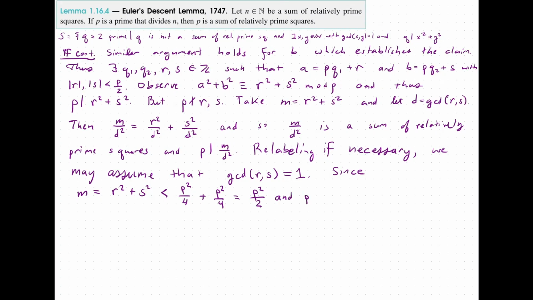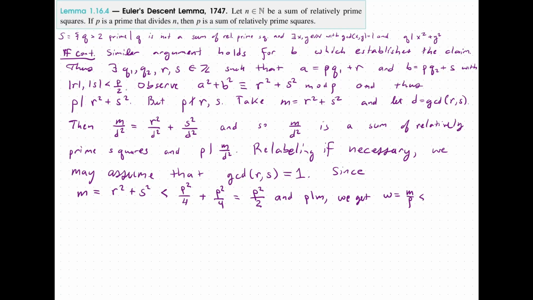And P divides M. And so here is where the fun begins for the proof, and how everything ties in to get the desired conclusion for the descent lemma. We're going to look now at W, which is M over P. And the way we construct it, and this is where the assumption we made over here, taking the absolute value of R and S to be less than P over 2, comes in.